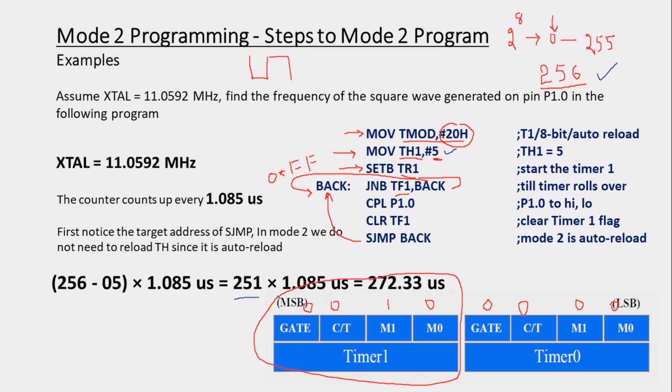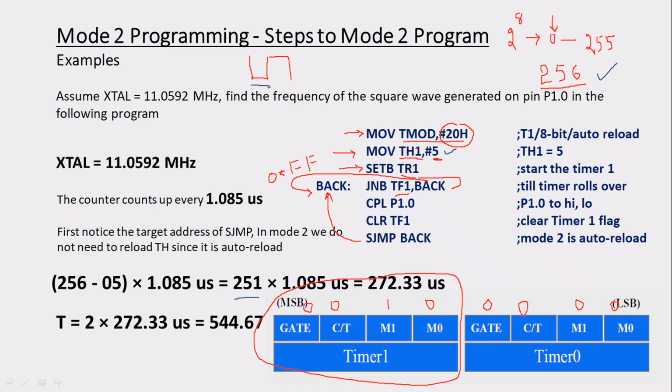So how many times is it going to increment in order to reach FF? It is going to increment 251 times. So 251 into 1.085 gives somewhere around 272.33 microseconds. This 272.33 microseconds is meant for only half of the cycle. If you want to generate a square wave, we have half of the cycle at logic 0 and half at logic 1.